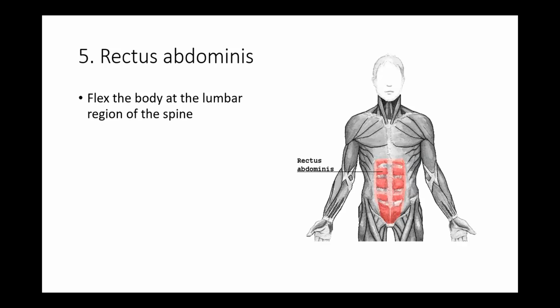Number 6 is your rectus abdominis, or abdominis rectus. It's all going to be the same, apparently. This flexes the body at the lumbar region of your spine. What is the lumbar region of your spine? Upper back, neck, mid back, or lower back? Lower back. How many lumbar vertebrae do you have? 5. This basically allows you to do a sit-up. When you bring your chest closer to your hips, that's a sit-up.